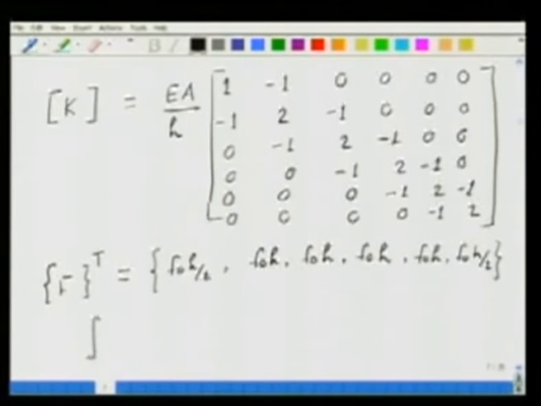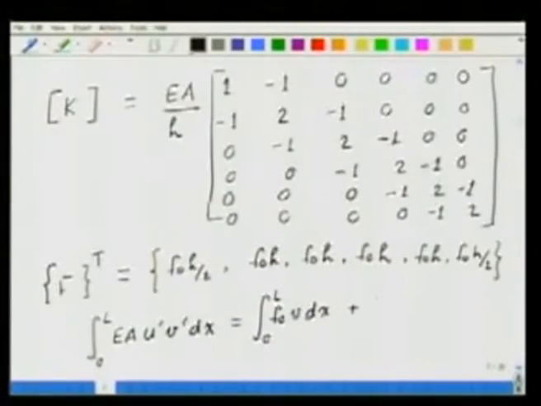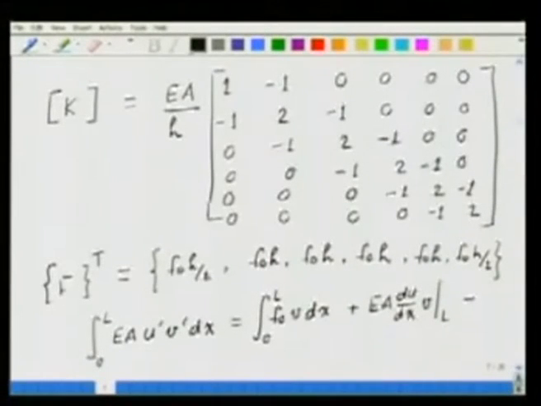It is integral of 0 to L EA u prime v prime dx is equal to integral 0 to L f naught v dx plus you have EA du dx v evaluated at L minus EA du dx v evaluated at 0.